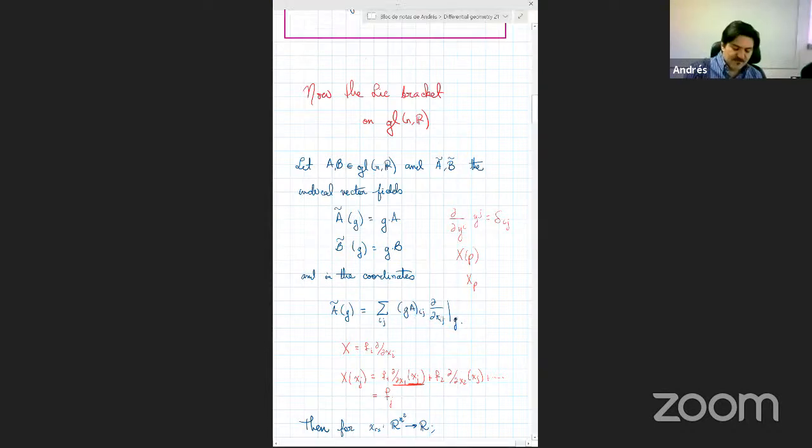Now, but remember that this is in R^(n squared), and my coordinates, instead of having 1, 2, 3 up to n squared, I have 1,1, 1,2, 1,3, and so on. So that's why I have this notation here and this one here. So I'm going to evaluate this vector on one of the coordinate functions, namely x_rs.